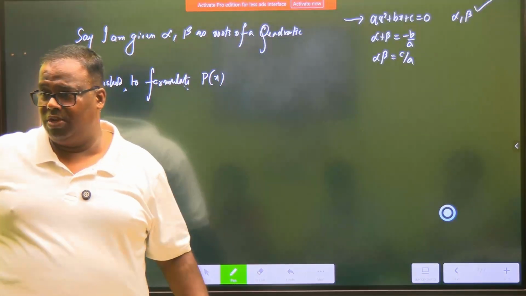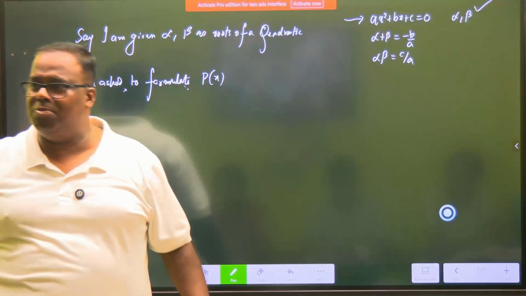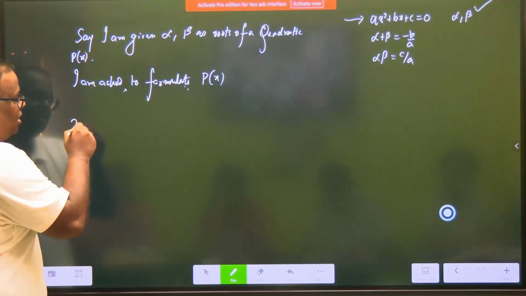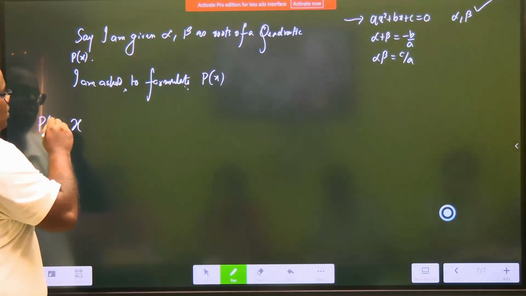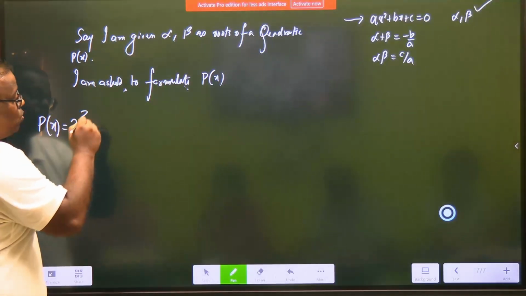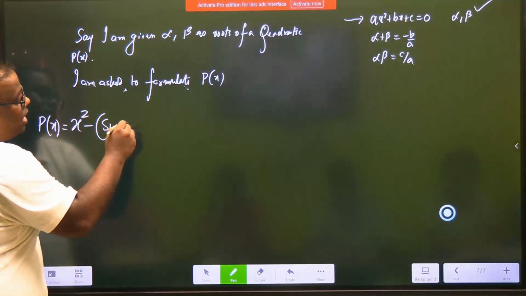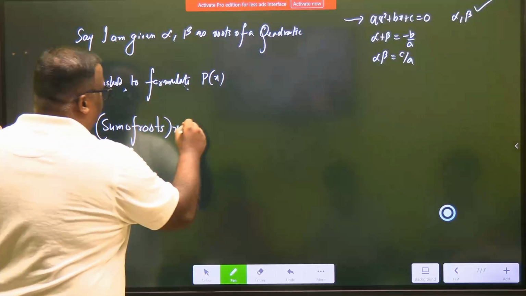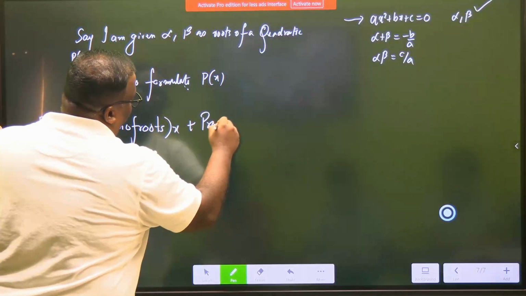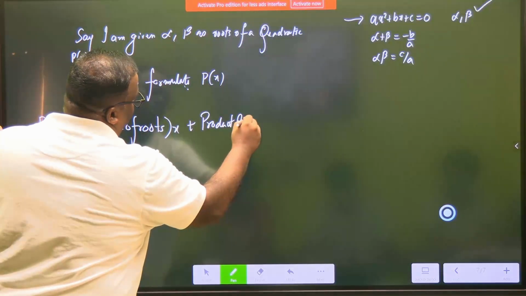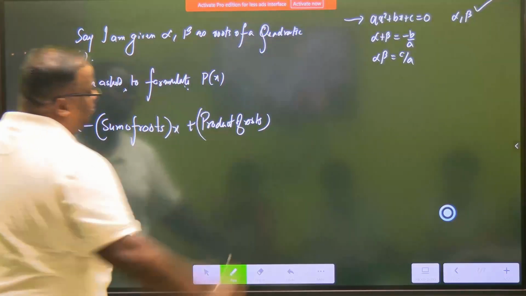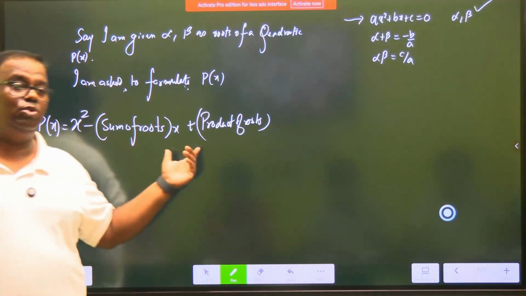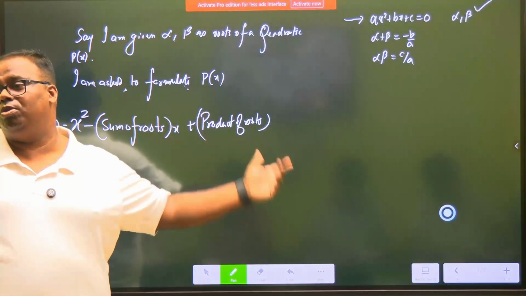We are not Cinderellas and the fairy that we turn the pumpkin back to carriage, but we can. So we say the polynomial is always given by x square minus sum of roots. This should go by your throat. X plus product of roots. This is the polynomial. And if it was a quadratic equation, we will write x square minus sum of the roots x plus product of the roots should be equal to 0.